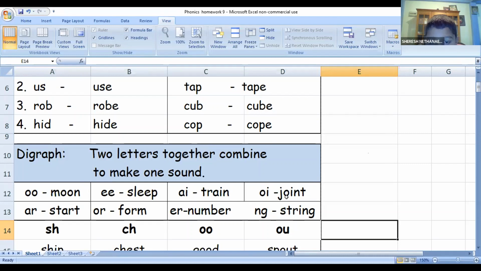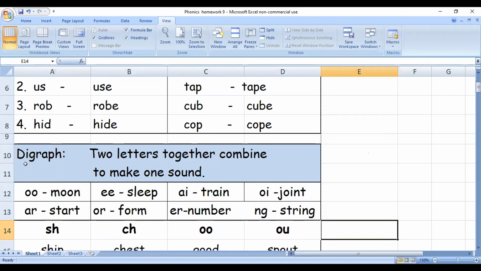Oi, joint. Very good. A, start. O, form. A, number. String. What class do you study? Grade 7. Okay, very good.